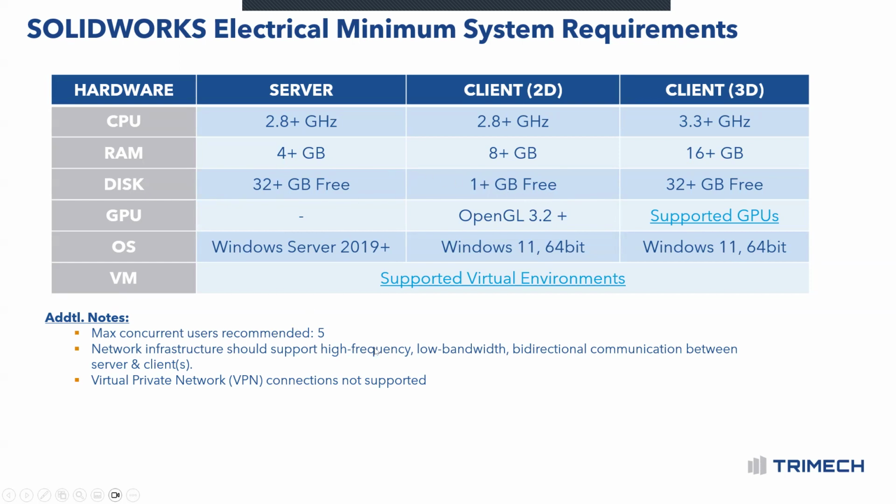There is a max number of recommended concurrent users, which would be about 5. But that's really the key things to understand here. You also will have that server component to give this a bit of brains in the background. But that's really what's critical to understand about any installation or setting yourself up for success with this.